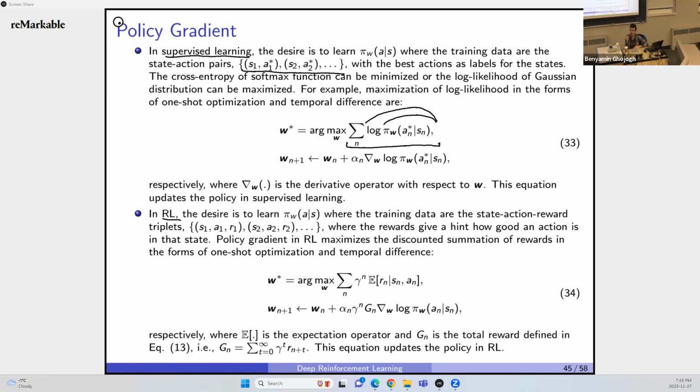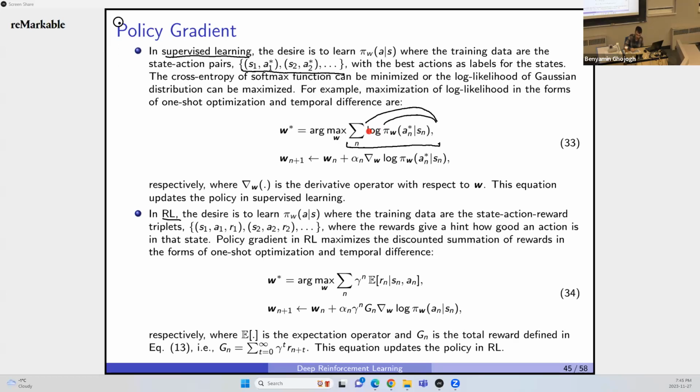Logarithm of AB is logarithm of A plus logarithm of B. So logarithm of multiplication becomes summation of logarithms. The third reason maybe is that when something becomes very large, logarithm dampens it. Doesn't become too large.